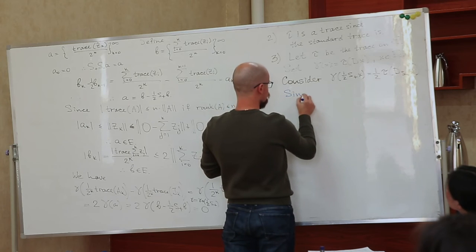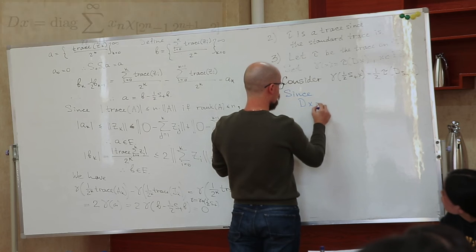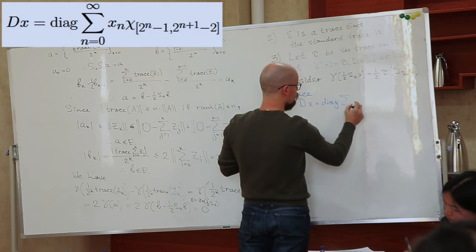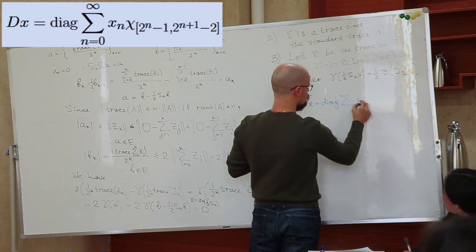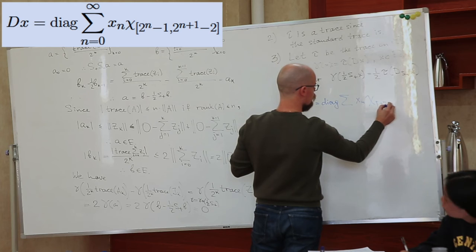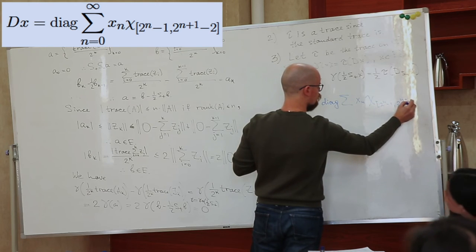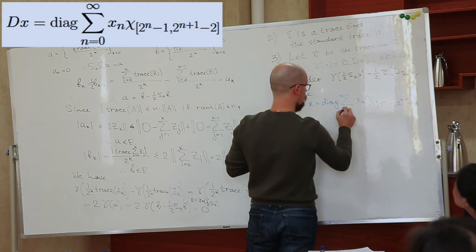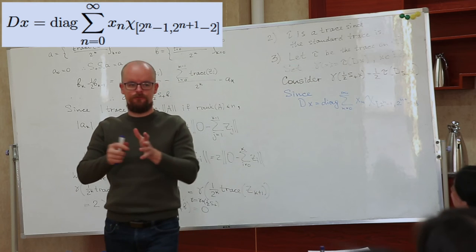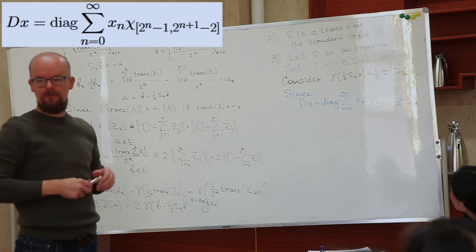By the definition of the operator d, we have that dx is the diagonal operator of the sequence x_n times the characteristic function of the interval from 2^n minus 1 to 2^(n+1) minus 2, for n from 0 to infinity. So I just wrote that sequence of repeated x's in a compact form.